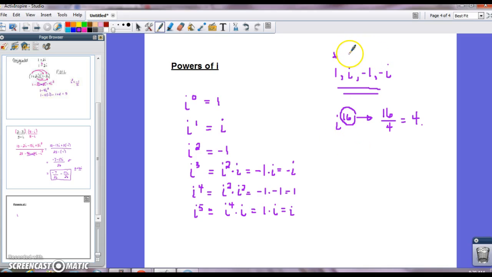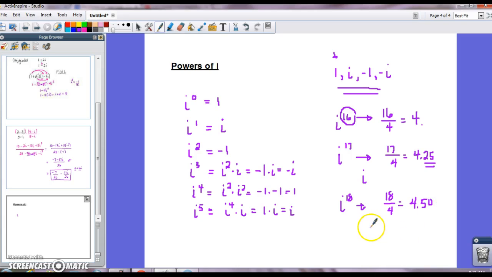When I have different decimals here, that tells us what our i value is going to be. Let's say I did i to the 17th. So I did 17 divided by 4. That would give me 4.25. Because I have that 0.25, my answer here would be i. The next one, let's try i to the 18th. If I did 18 divided by 4, that would be 4.5.